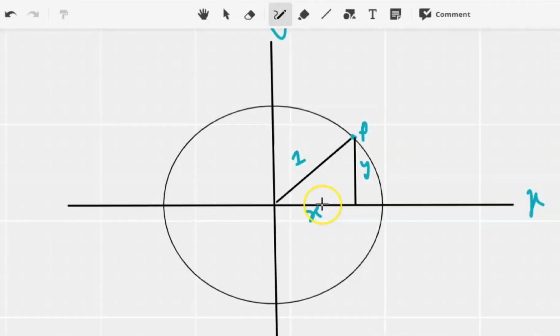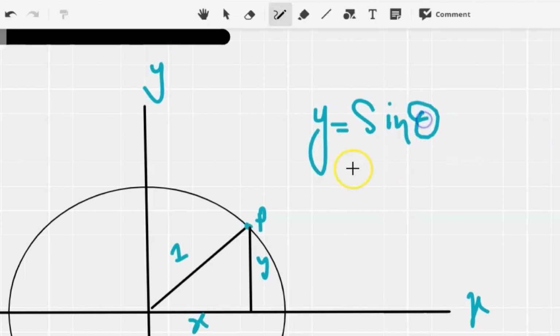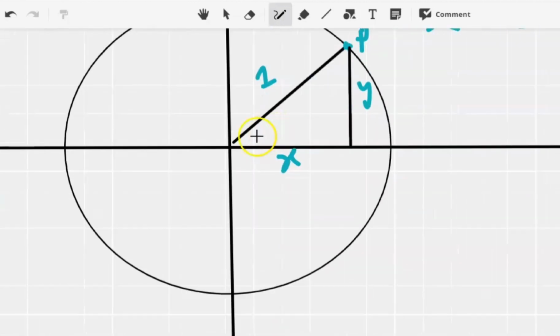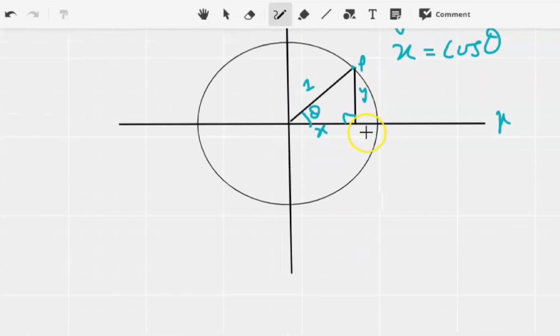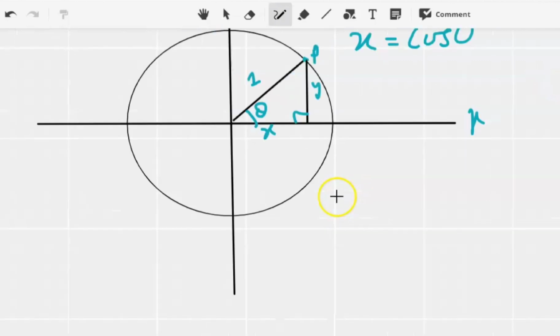Now in this one, let's say y is equal to sine theta, and x is equal to cos theta. So this is angle theta and this is 90 degrees. You know that tan theta is equal to opposite over adjacent.